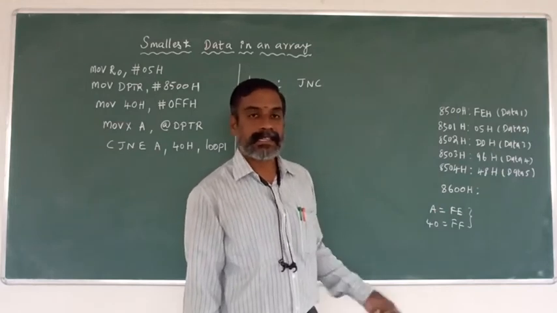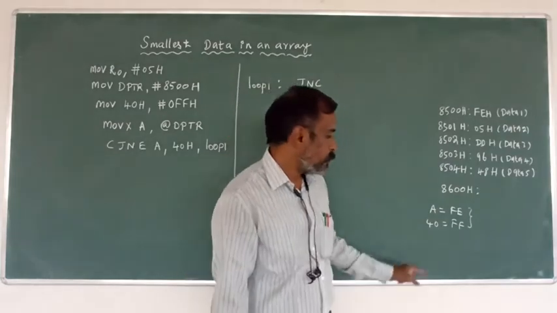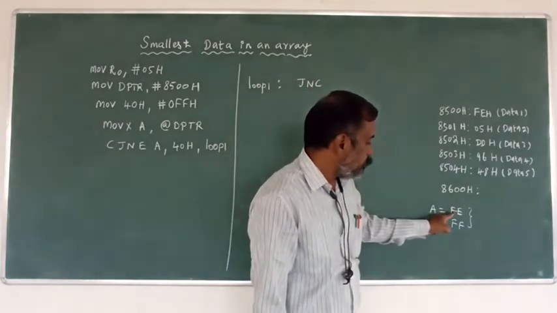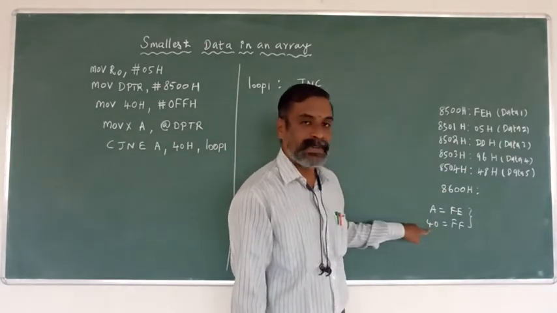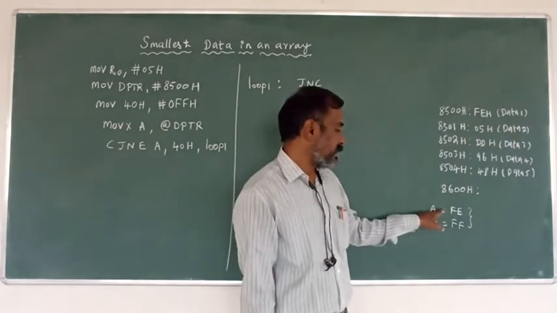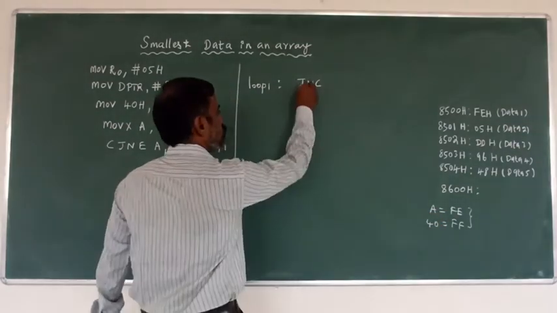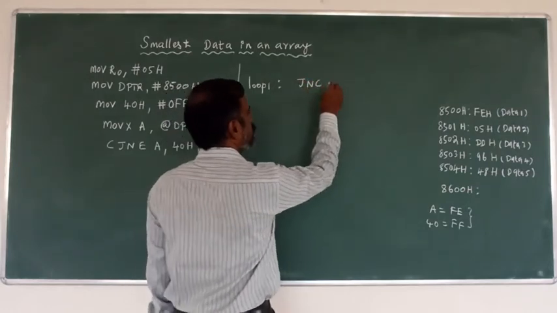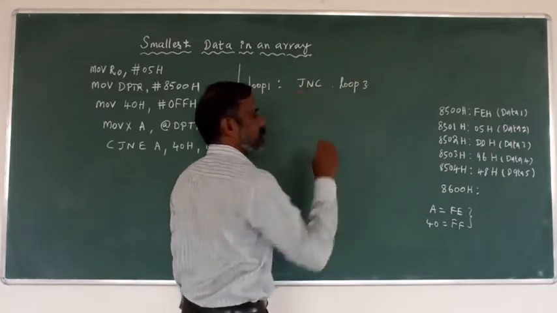What is the meaning? The accumulator content is the smallest data. So we have to move the smallest data to internal memory. The accumulator data is moved to internal memory. Now jump if no carry means jump to loop 3.